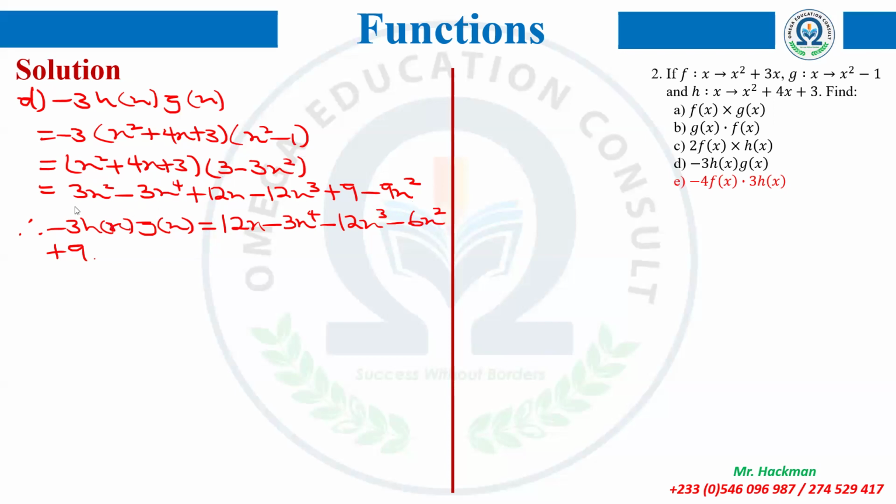At this point, I combine like terms and arrange. Remember, ordinarily we arrange in decreasing powers of x. The highest power here is 4, so ordinarily we should have started with s to the power 4. But here it is negative, and we can see positive terms there, so I cannot start with this unless otherwise stated.